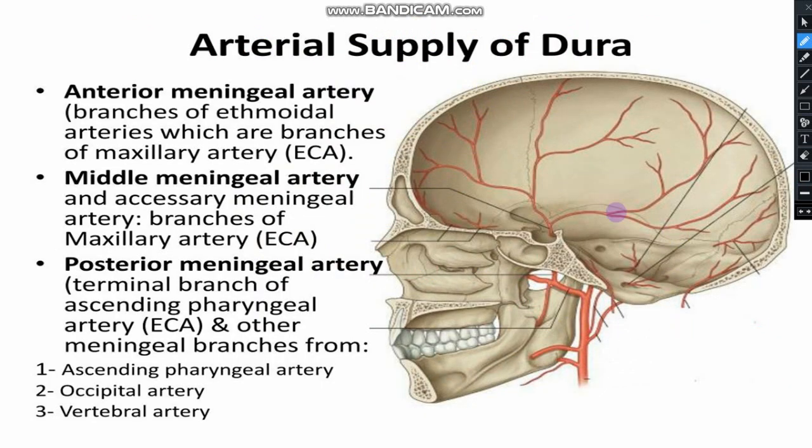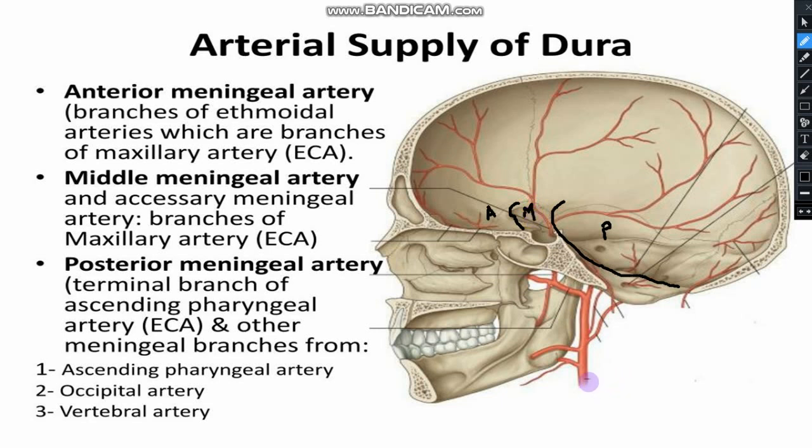Arterial supply of the dura mater. So here is the anterior cranial fossa, then this is for the posterior cranial fossa, and between anterior and posterior is the middle cranial fossa.